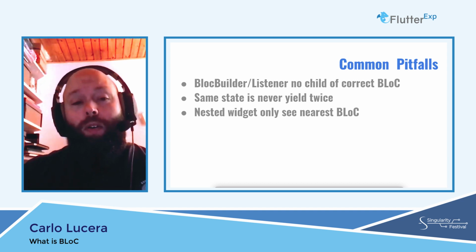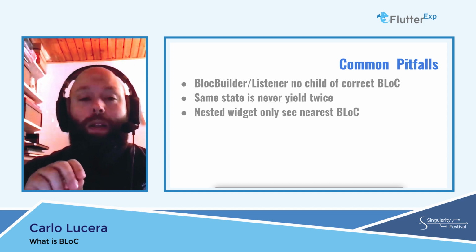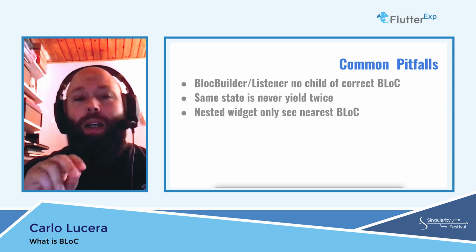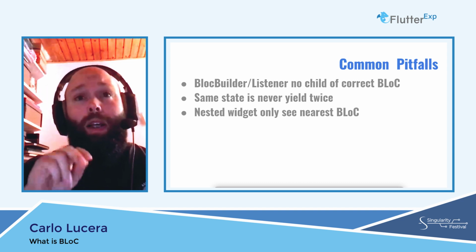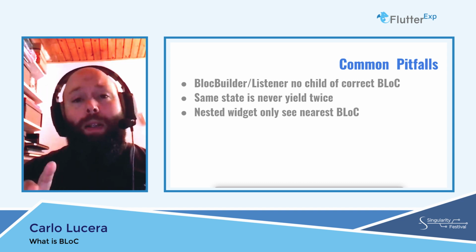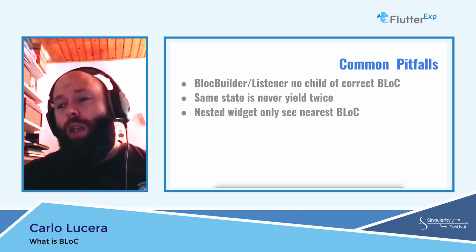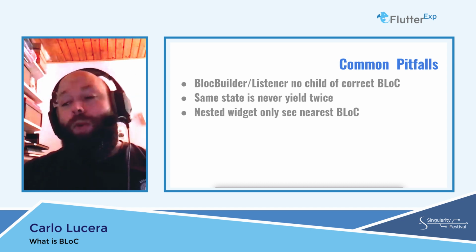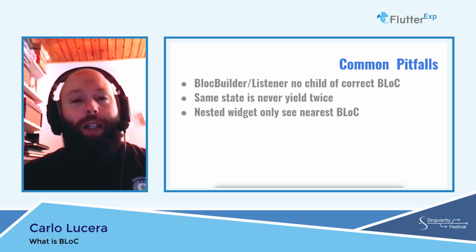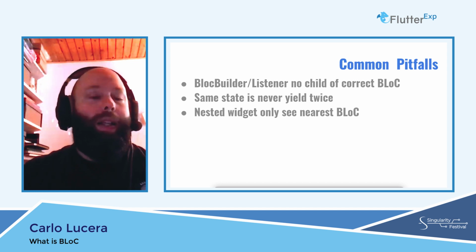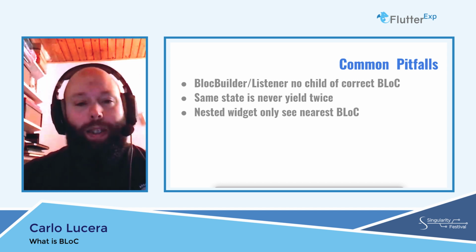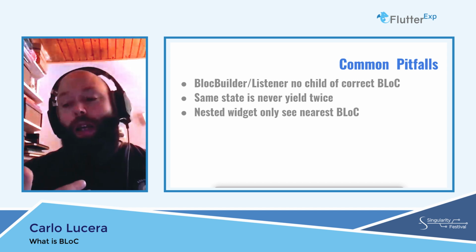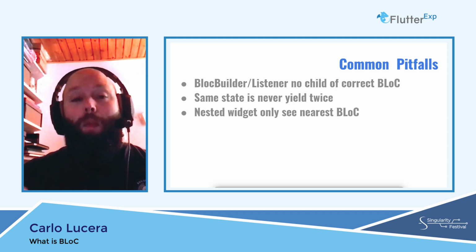Another common pitfall is that the same state is never yielded twice. This can seem obvious, but in some complex cases we may have some confusion, because it's easy to have an integer where if we don't change the integer, we don't yield the new state, and this is super easy. But what if the class is a complex class?